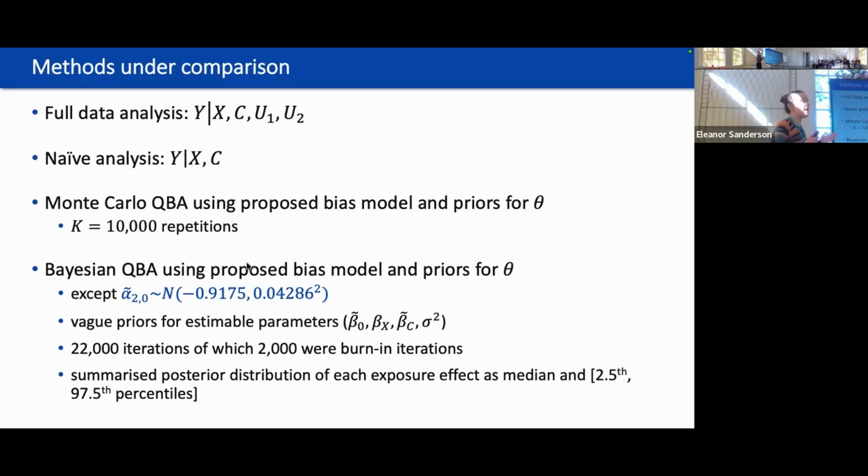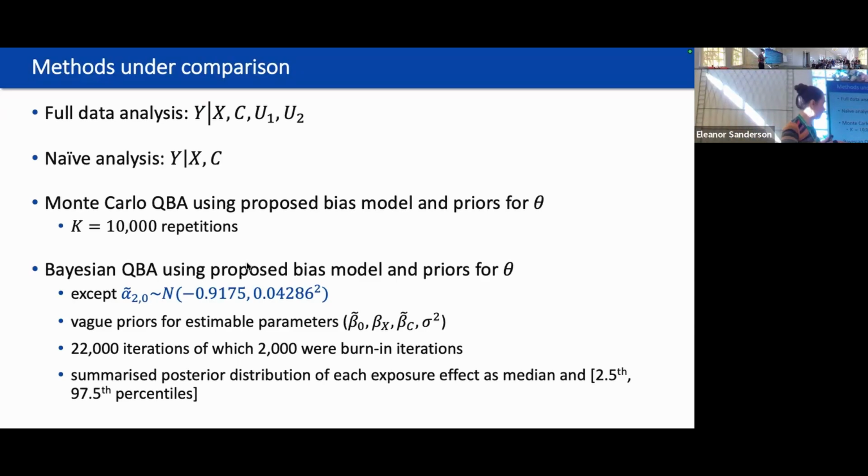We then did a fully Bayesian implementation of our proposed bias model and priors for our bias parameters. We configured it the same as we did for the Monte Carlo, with one exception. We used the R package and couldn't specify a prior for the prevalence term and then derive the intercept term.